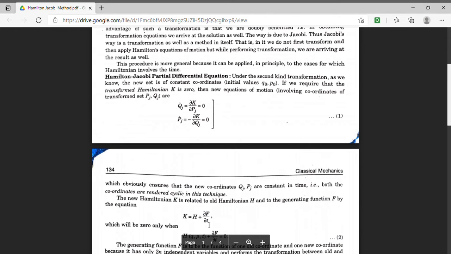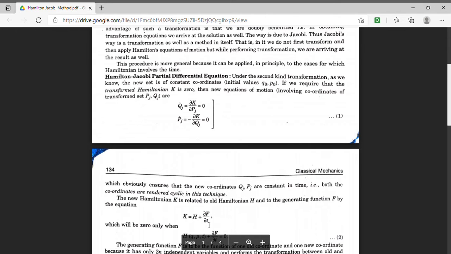And this function F is a function of the old and new set. That means it can affect the transformation from the old set to a new set. This function F is called the generating function, and it has four forms.